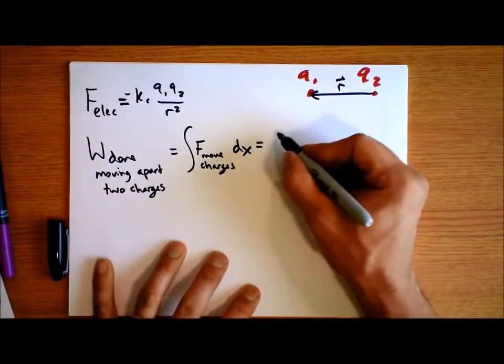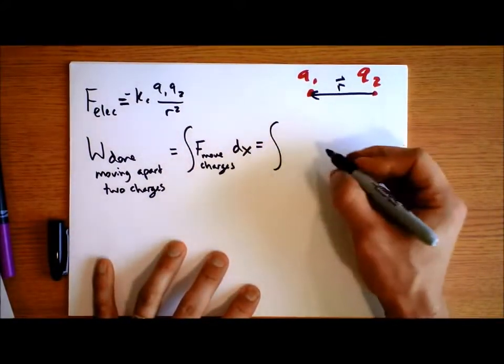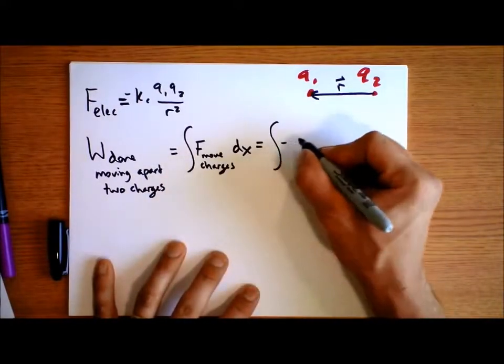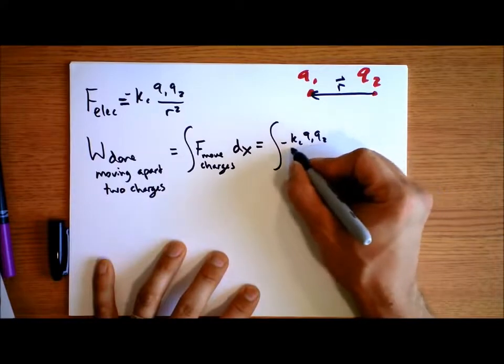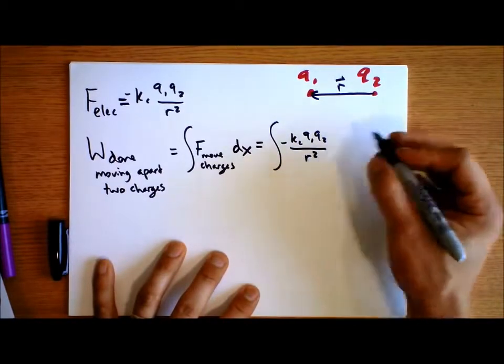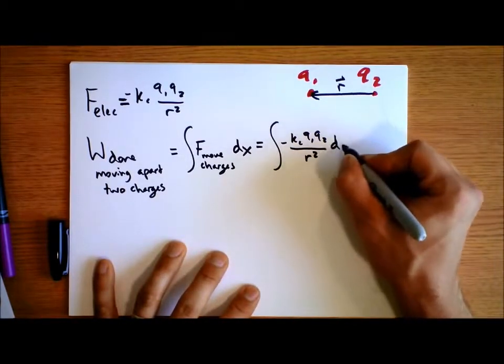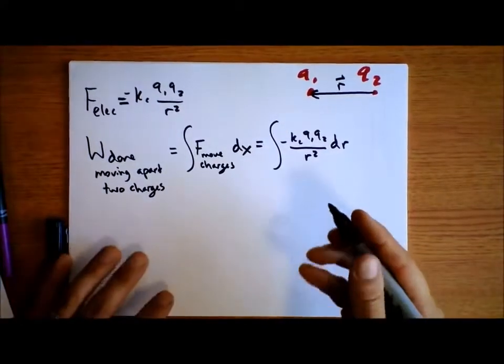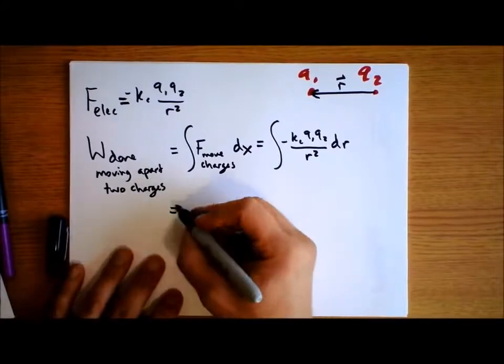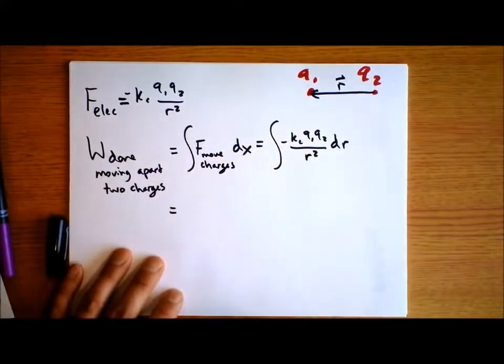But in the same way, we can plug in all this stuff. I'm going to plug in the force to move the charges, which is negative Kc times Q1 times Q2 over r squared. And then we're integrating over r because we're moving in a radial direction. That's nice. And this is equal to, let's see, I'm going to pull out all the constants.